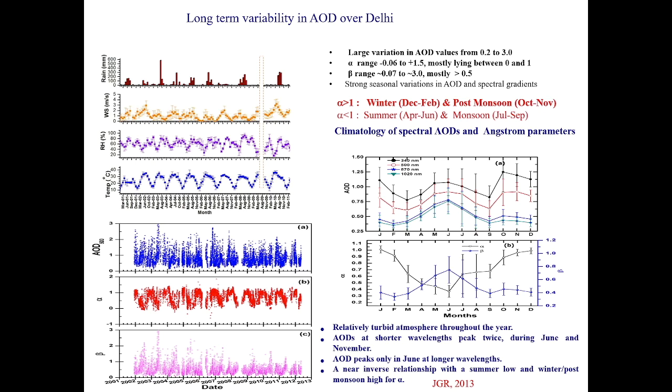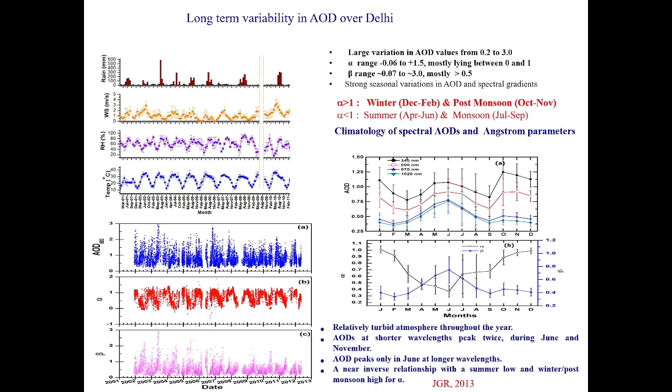In some of the wavelengths. But the important thing is that when we see the smaller wavelengths, we can find that the maximum peak occurs during April, May, June, and then there is another peak in October, and this is mainly because of the biomass burning taking place in the region of Punjab and Haryana.